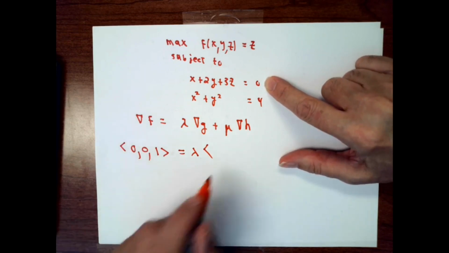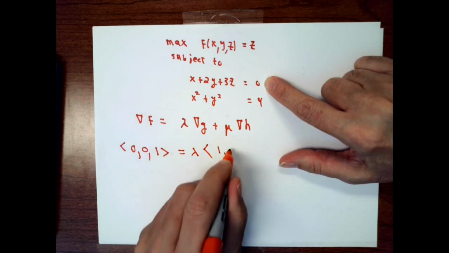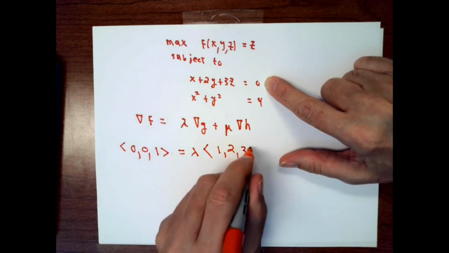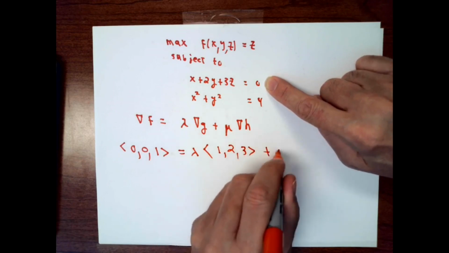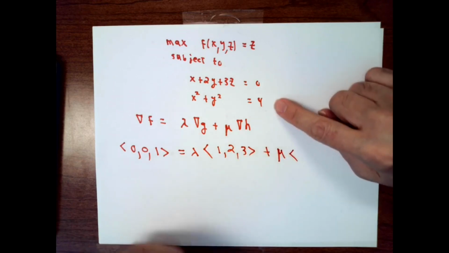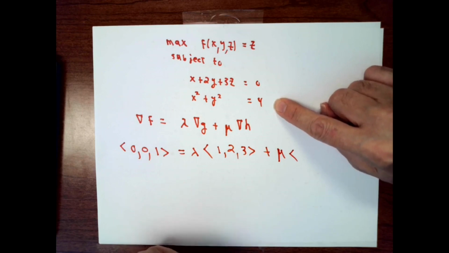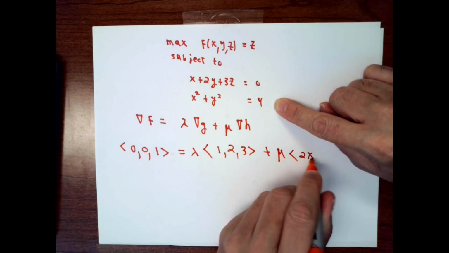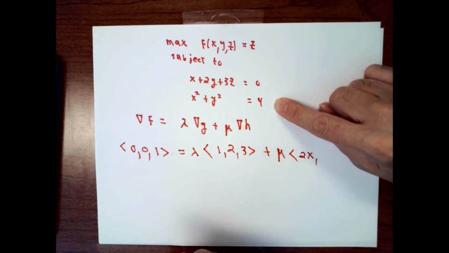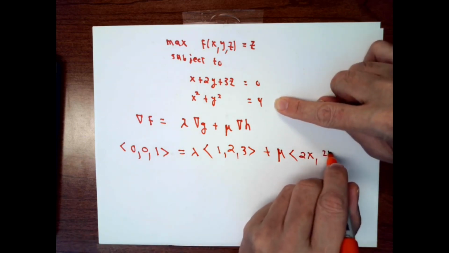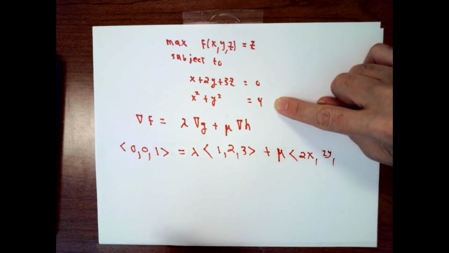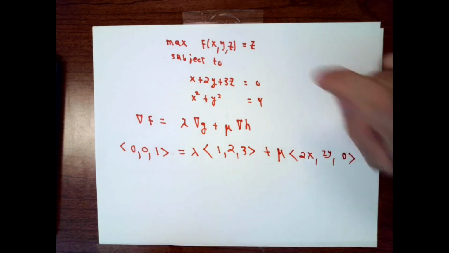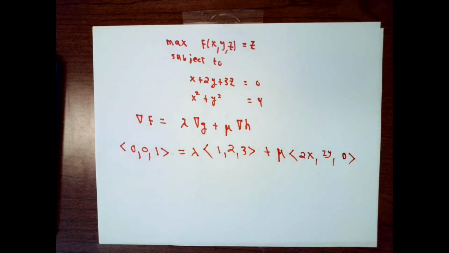Partial of g with respect to x is 1, with respect to y is 2, and with respect to z is 3. This is my h function. Partial of h with respect to x is 2 times x. Partial with respect to y is 2 times y, and h doesn't depend on z, so the partial derivative of h with respect to z is 0.